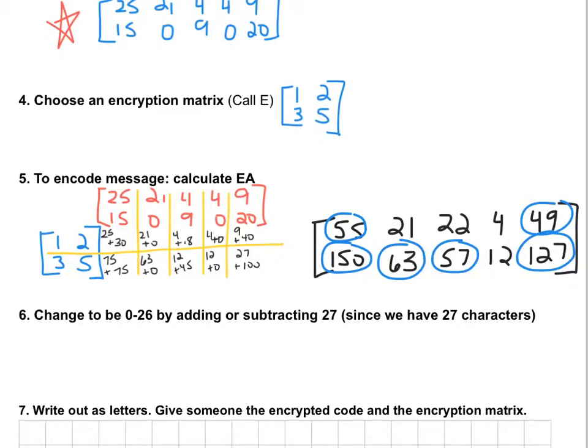And how we do that, since I have 27 characters, is I'm going to either subtract 27 repeatedly until I get something from 0 to 26, or add 27. All these numbers are above the 26, so I'm going to subtract 27. Once again, that's because I have a space.